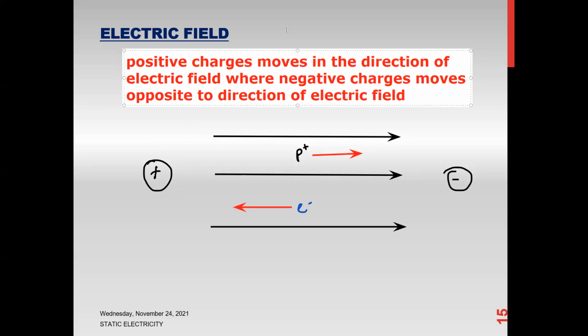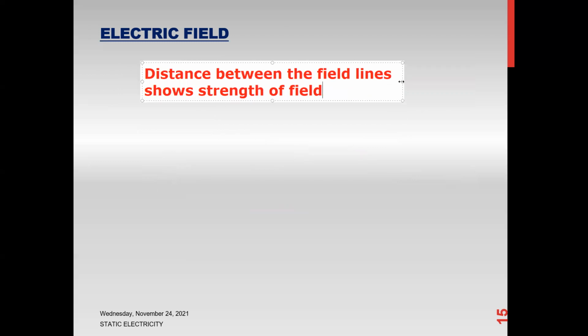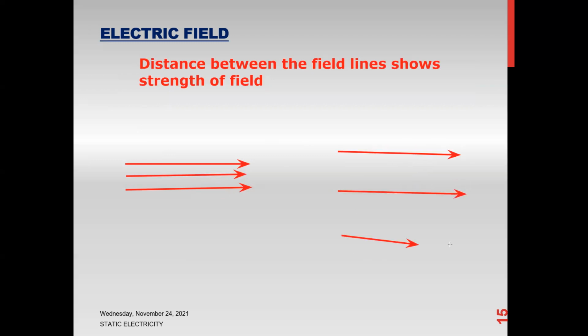And the distance between the field lines shows the strength of the field. For example, if field lines are closer, and if field lines are away, they have greater distance between them.